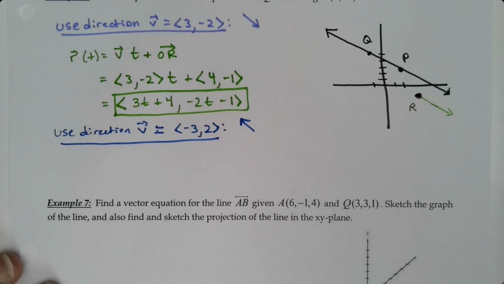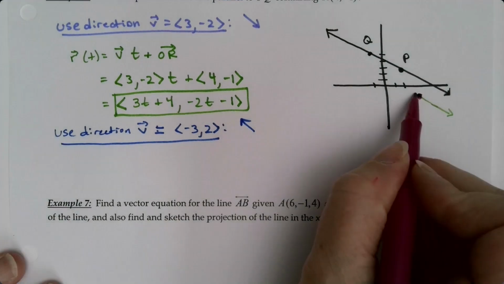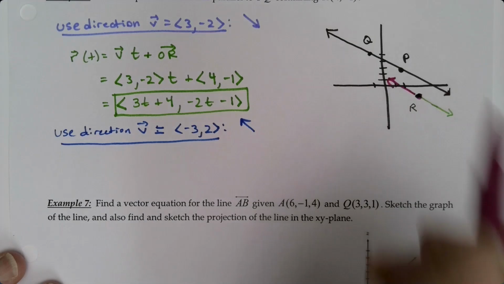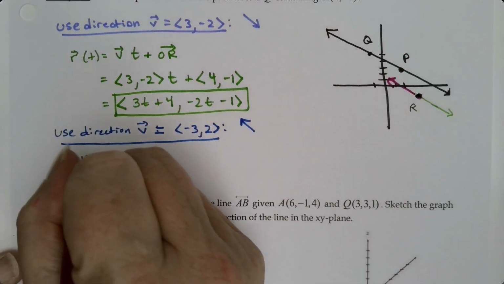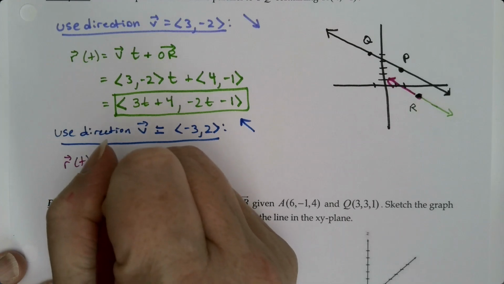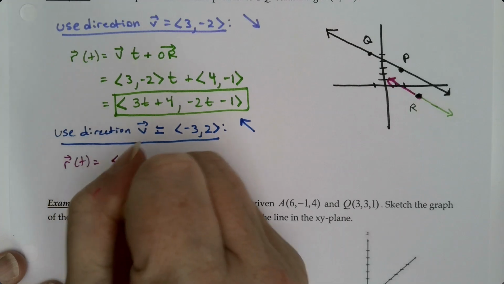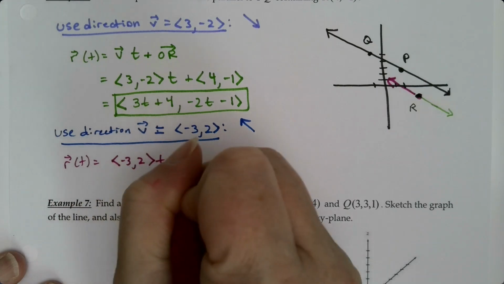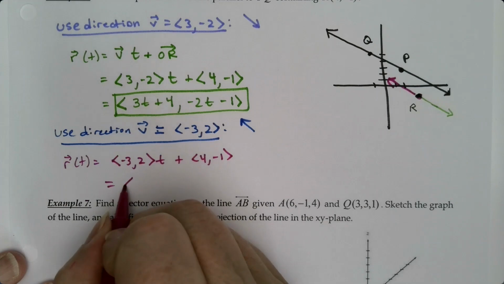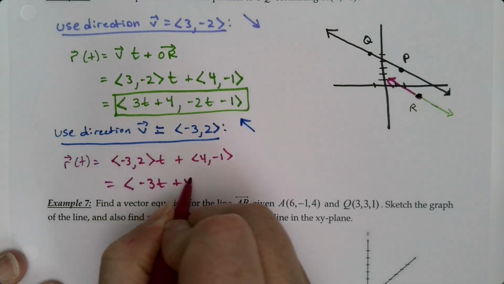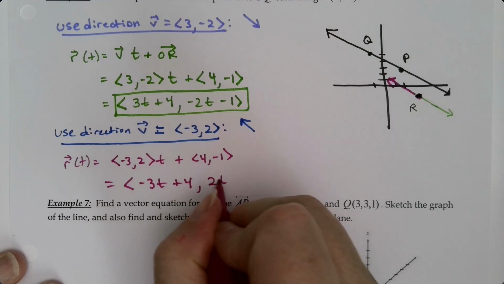So if we did that, it would come this way. Then r(t) would be equal to (-3, 2) times t plus (4, -1), which would be (-3t + 4, 2t - 1).